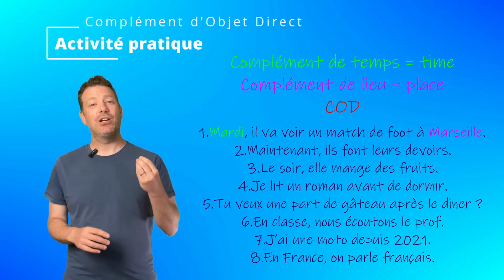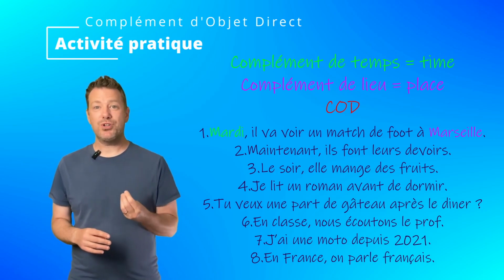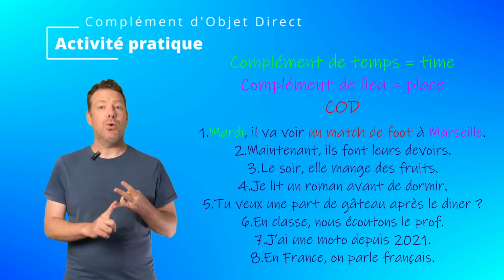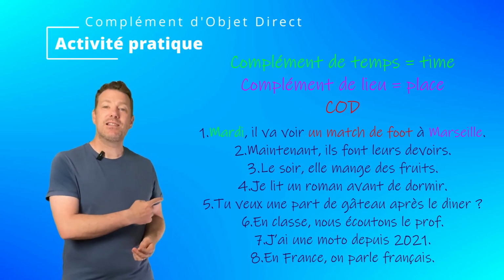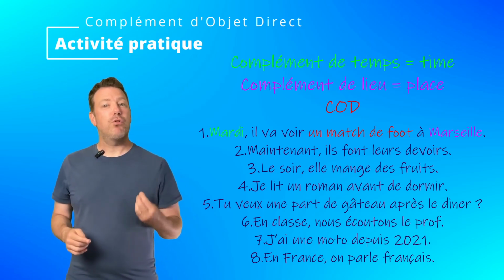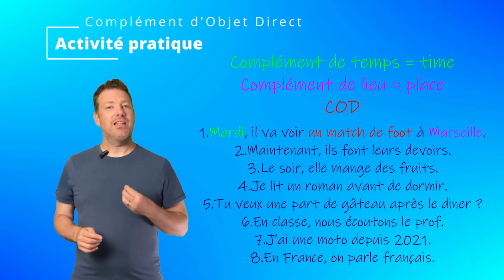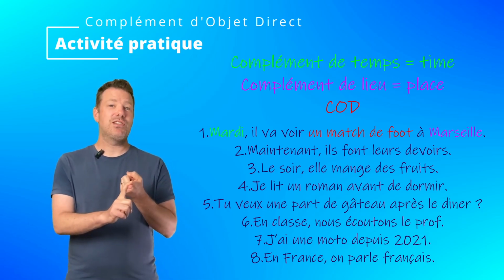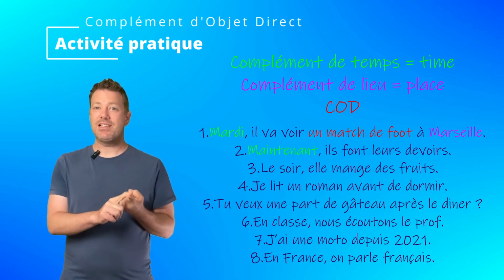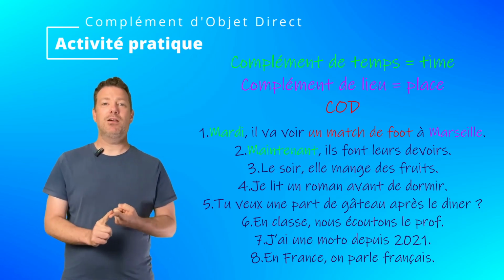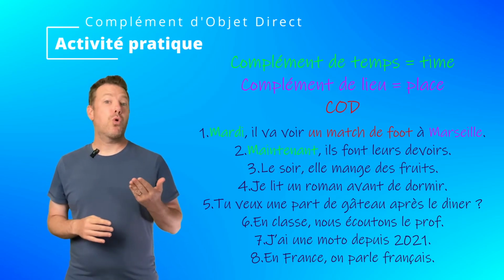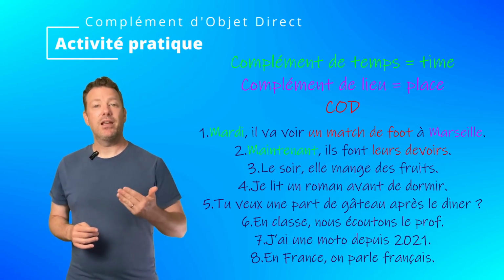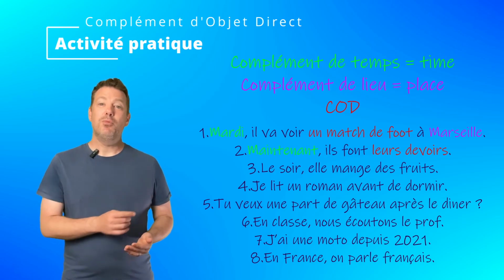What is he going to see or to watch? Un match de foot. So that's your COD. Sentence number 2. Maintenant, ils font leurs devoirs. So in that sentence, you have a complement of time, which is maintenant. Okay, that's the timeline of the action. Maintenant. Ils font quoi? Leurs devoirs. And that's the COD.